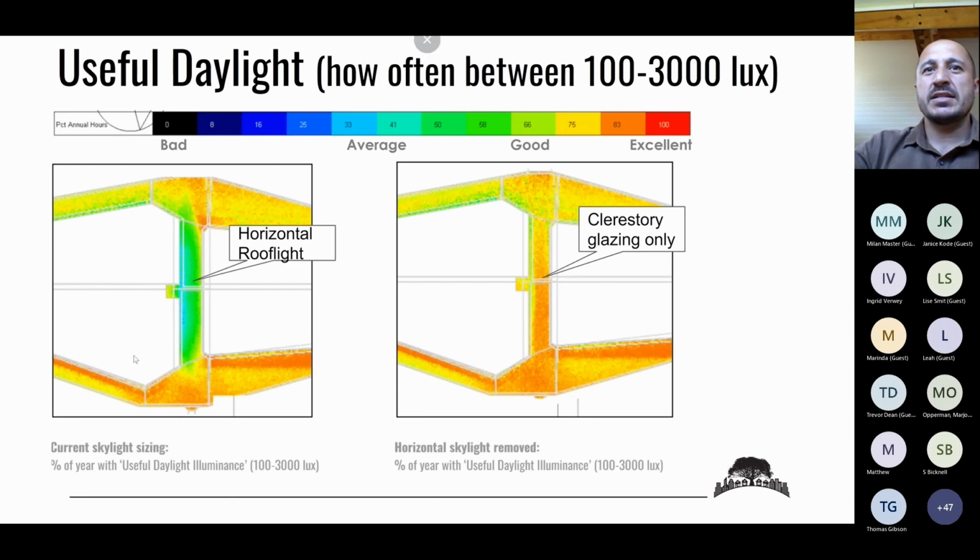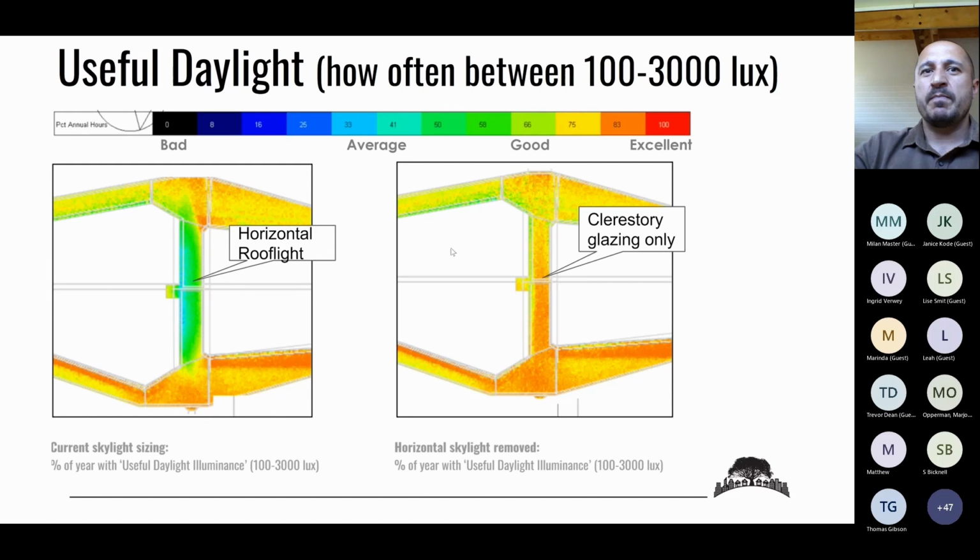So if we analyzed a before scenario with those horizontal roof lights, the daylight is great, but that green area where the horizontal roof light is only achieves useful daylight for 50, 60% of the year. And the reason is not that the daylight's not good enough, it's that it's too bright. We're getting glare under those horizontal roof lights.